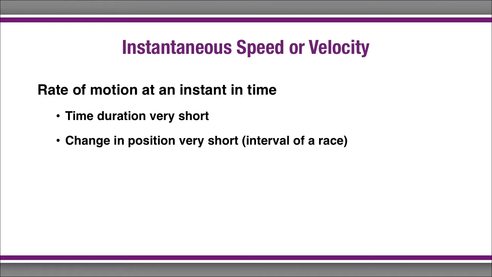So it's not going to give you information about the peak or the highest velocity or speed that an athlete reaches. Instantaneous speed or velocity can be helpful in that sense, especially knowing when an athlete hits that peak velocity throughout a race so that they can either improve or see an improvement within a certain event.